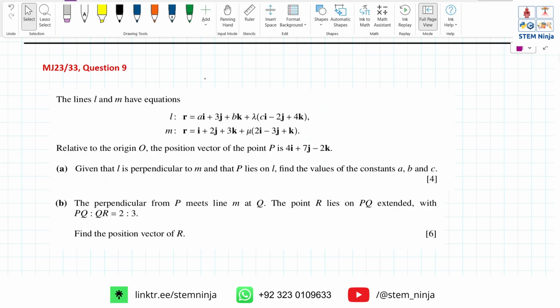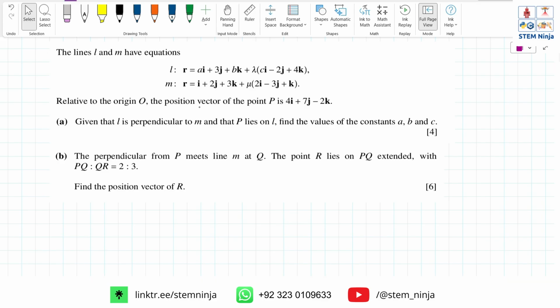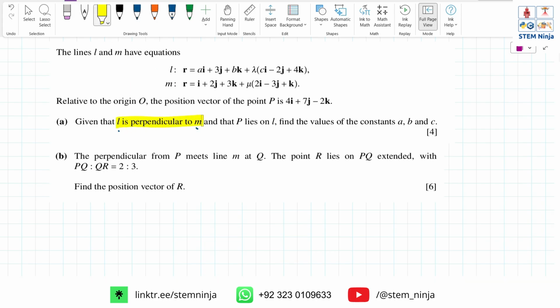Okay, so let's see. The lines L and M have equations as given. Relative to the origin O, the position vector of the point P is this. Given that L is perpendicular to M, that means these direction vectors would have their scalar product equal to 0. And that P lies on L, find the values of the constants a, b, and c.